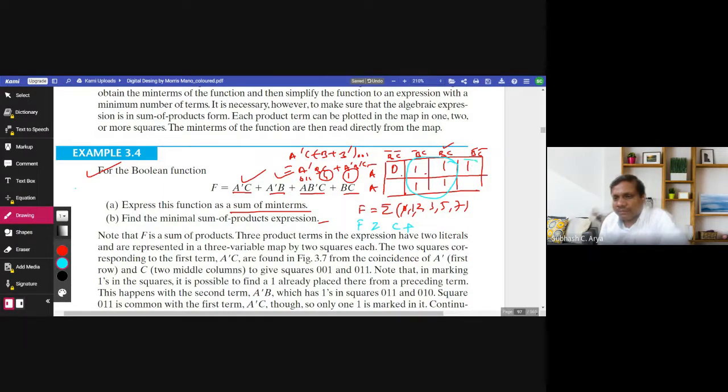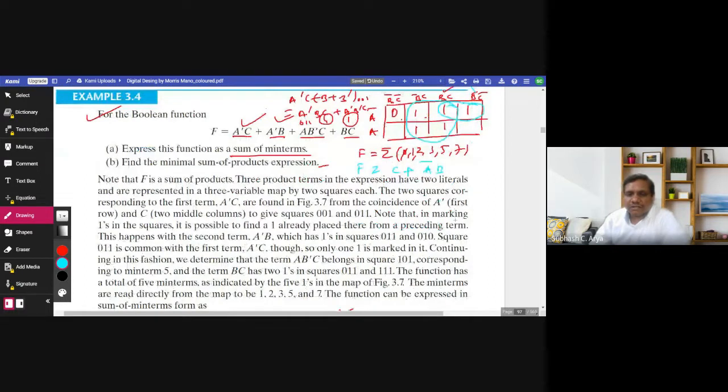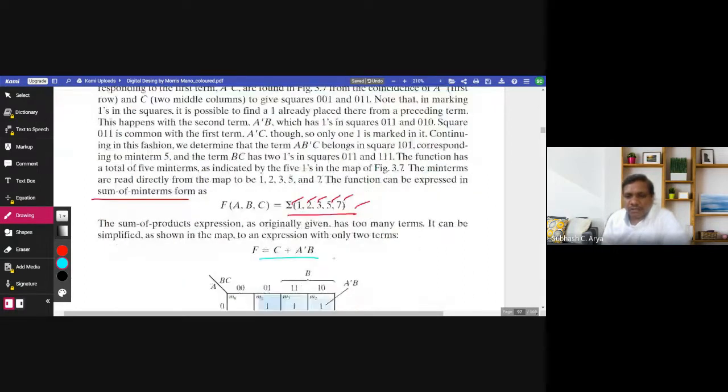So we can make a pair here with this. So making a pair gives the result of A bar B. B is common. Sorry, so this one is C plus A bar B. C plus A bar B is the answer.